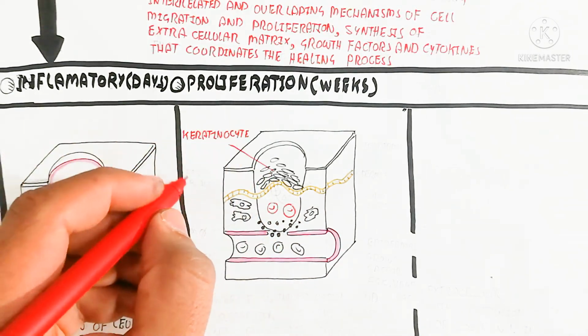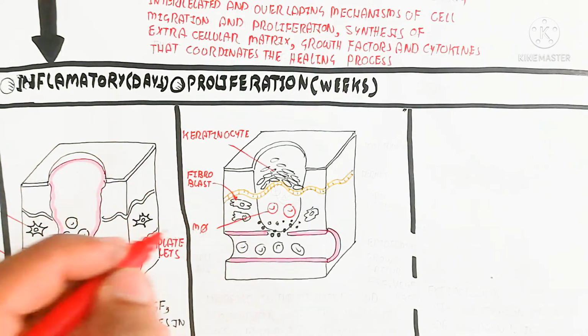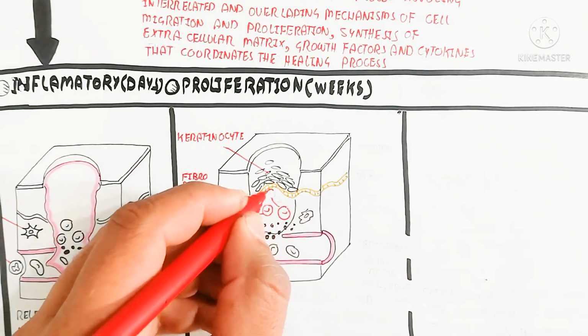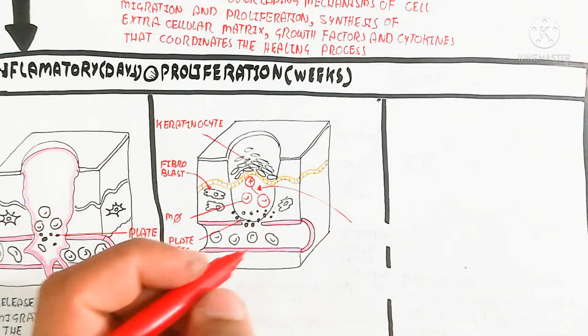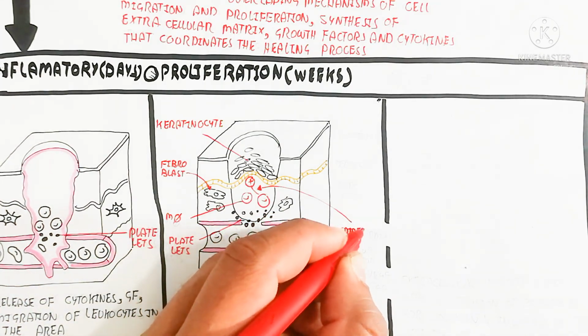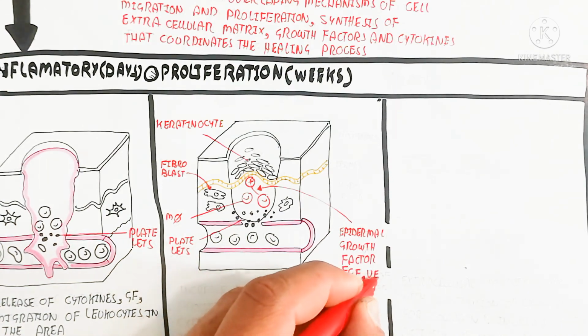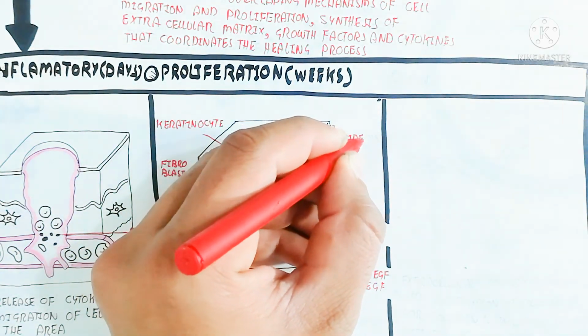This fibroblast will produce fibrin. Macrophages are present in the scar tissue formation. The scar fibrin will be covered, and in this way the clot forms, and the epidermal growth factor, the vascular endothelial growth factor and the endothelial growth factor will increase.